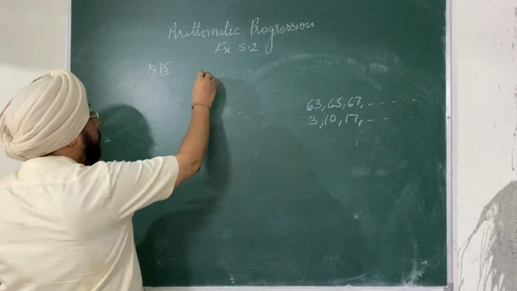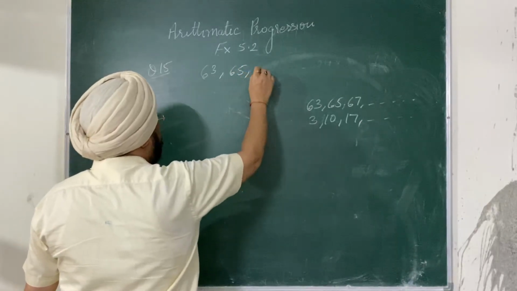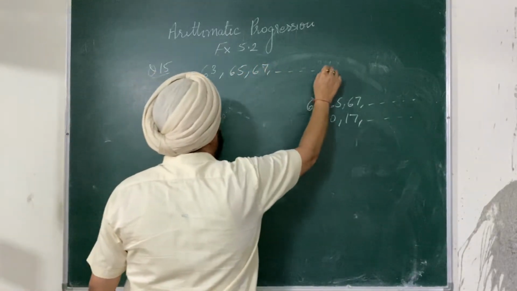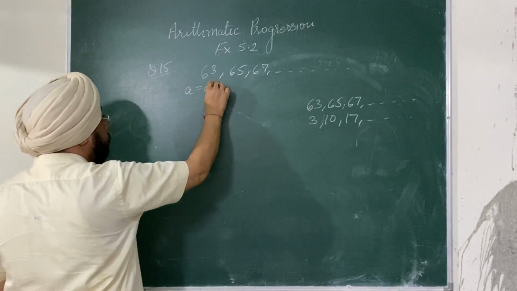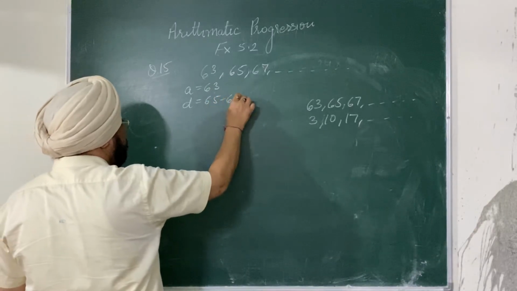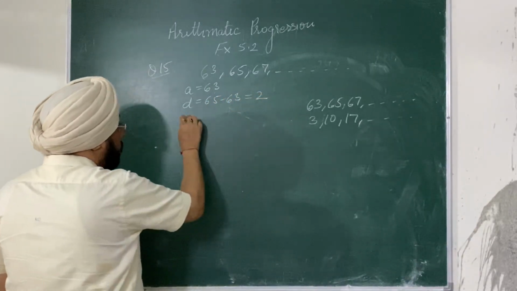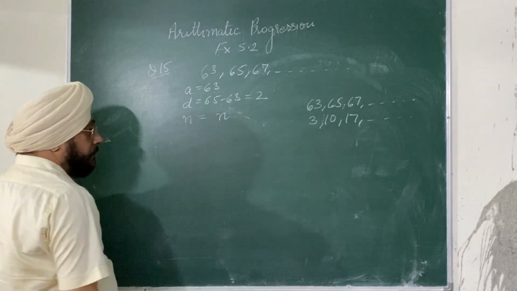So first of all, let us take the first AP, 63, 65, 67 and so on. So accordingly we get a is equal to 63, d is equal to 65 minus 63, that is equal to 2. Because we have to find the nth term, n remains n.